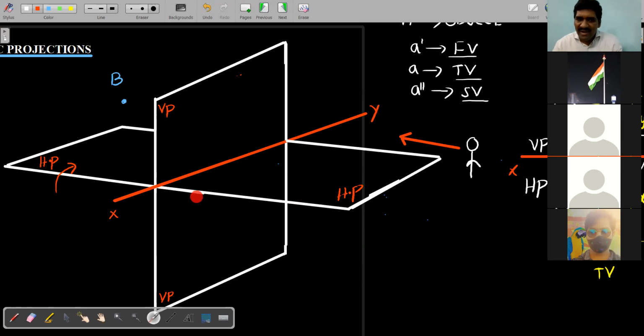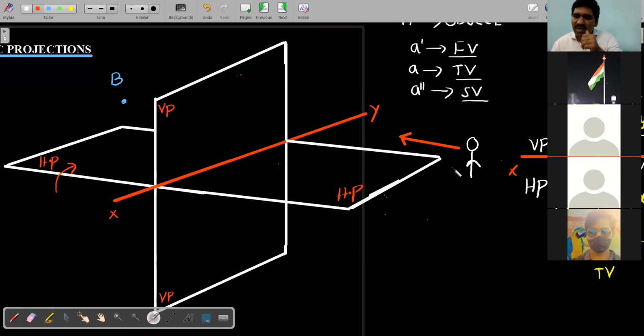Even though this body is behind this plane, since the plane is transparent, we can definitely see the object. Therefore, vertical plane and horizontal plane are generally called transparent planes. This is a very important point. Looking from elsewhere is not possible.